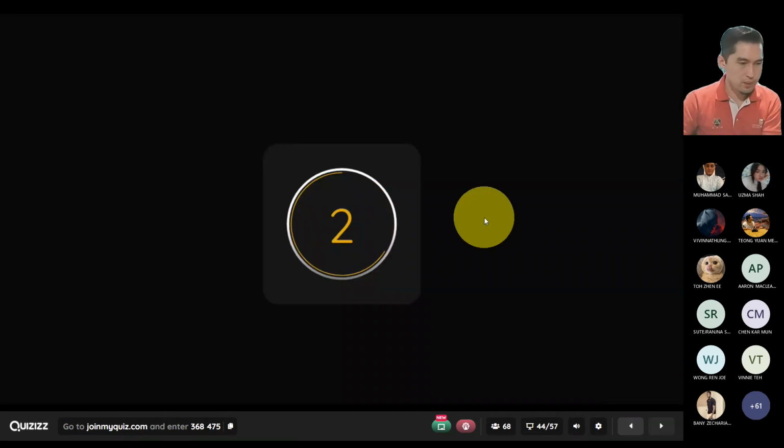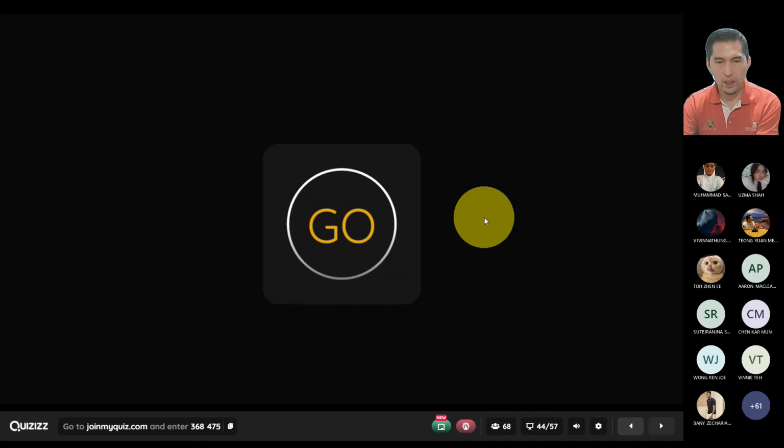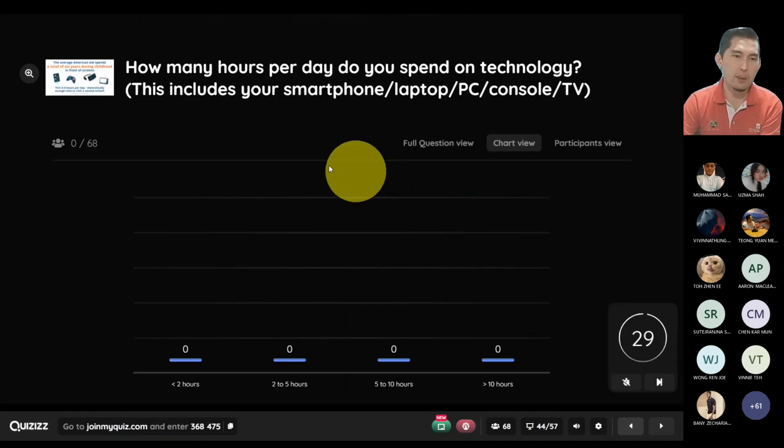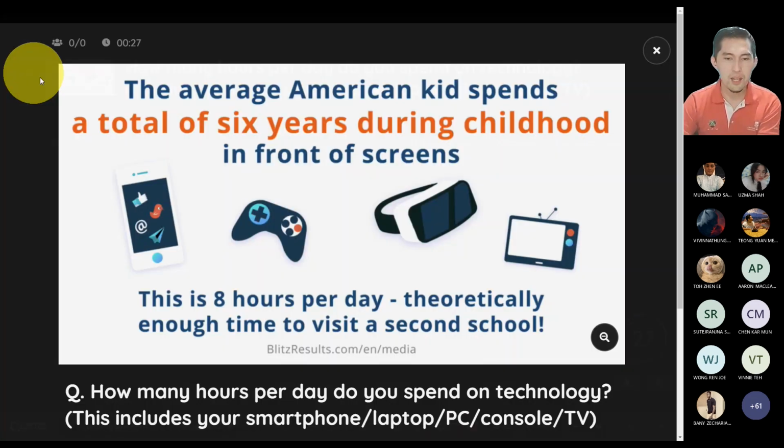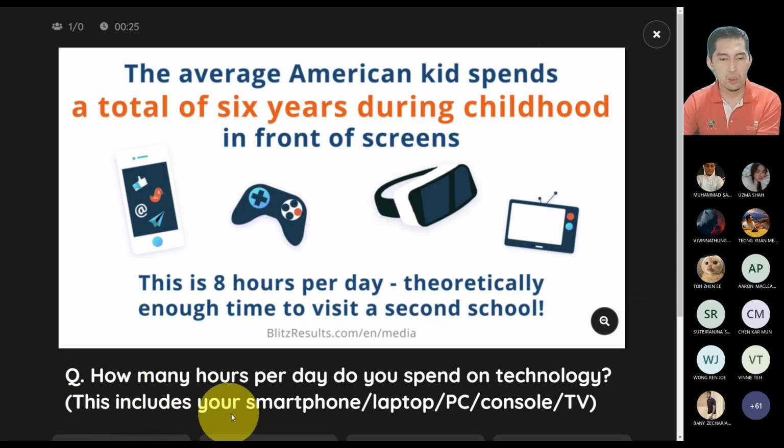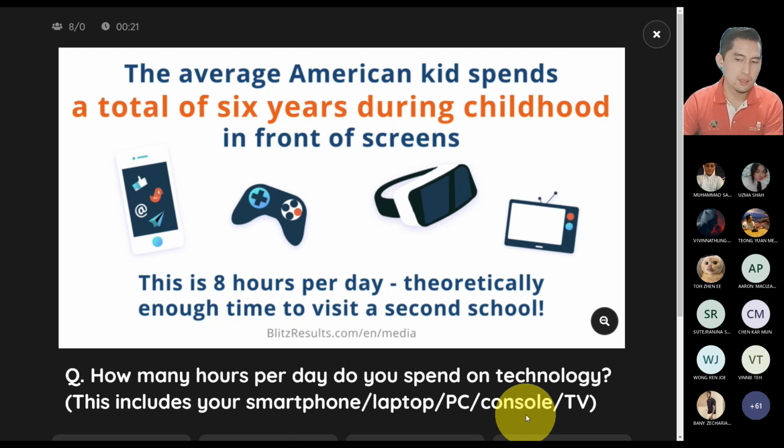A quick question here. How many hours do you feel that you are currently spending on technology overall? This includes your smartphone, your laptop, your PC, your console, gaming purposes, TV in general as well, right? Just to share here, it says the average American kid spends a total of 6 years during childhood in front of screens.